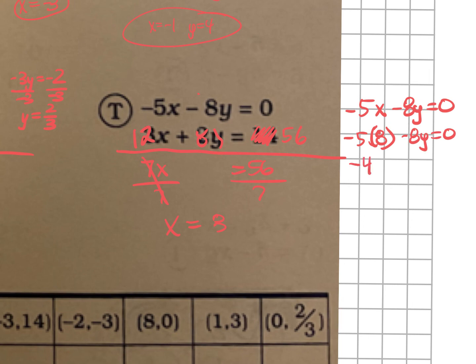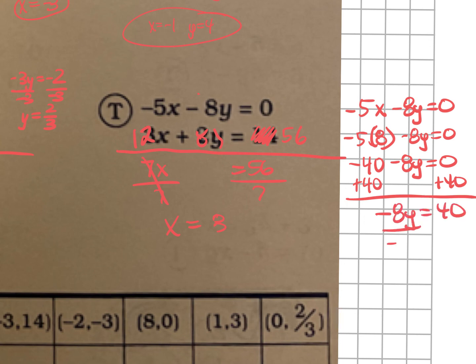Negative 40 minus 8y equals 0. I'm going to add 40 to both sides. Negative 8y equals 40. Divide by negative 8. Y equals negative 5.